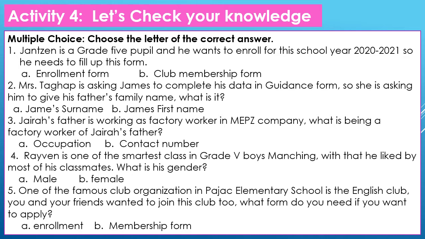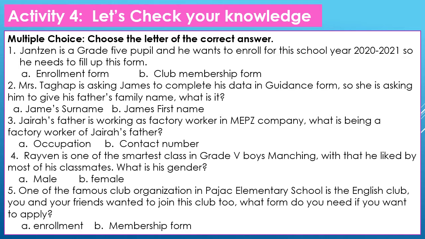So number 1, Johnson is a grade 5 pupil and he wants to enroll for this school year 2020-2021. So he needs to fill up this form. What form is it? A, enrollment form, or B, club membership form.